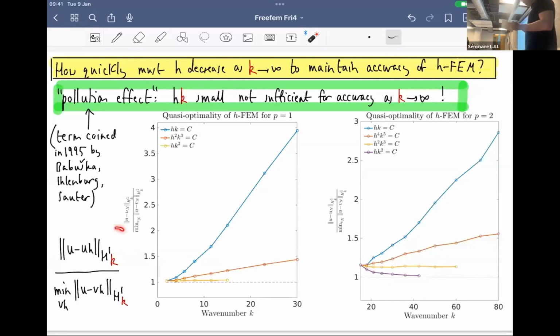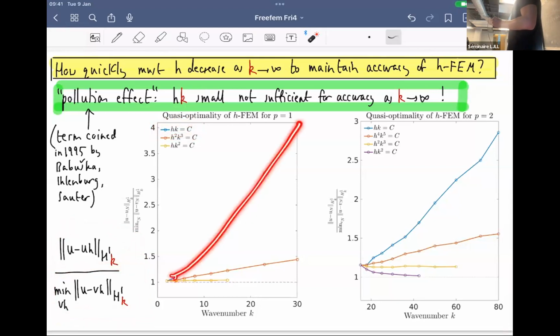So what's happening here is I'm going to plot the ratio of the FEM error, u minus u_h, where u_h is the FEM solution, divided by the smallest possible error I could hope for in approximating u with elements of my finite-dimensional space. On the left, this blue curve is when hk is constant, and this error is increasing with k.